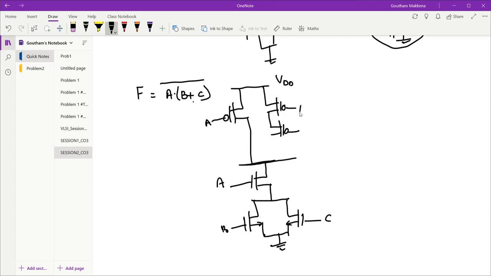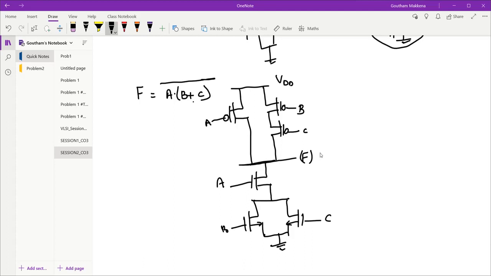So this is nothing but B or C. And this already has a whole complement, so I don't need an extra inverter over here, because from our previous discussion you clearly know that the output of the CMOS gates are complementary by default.